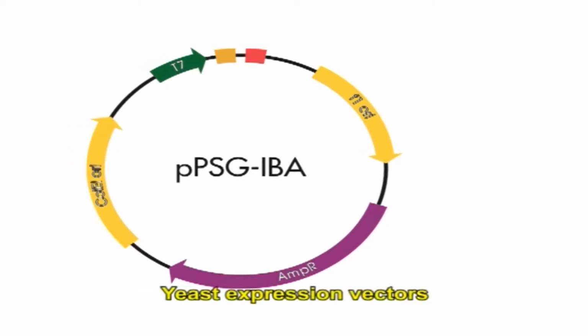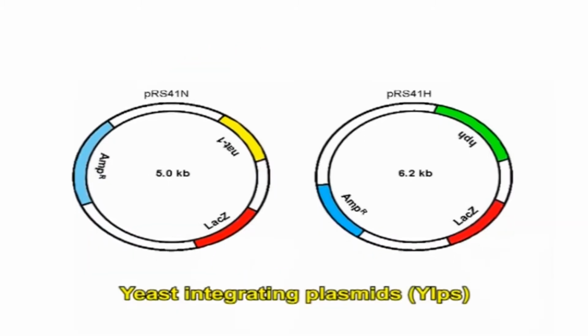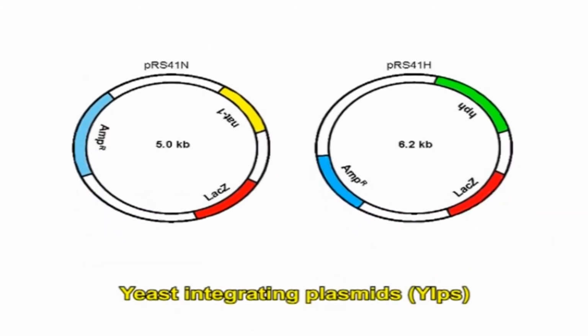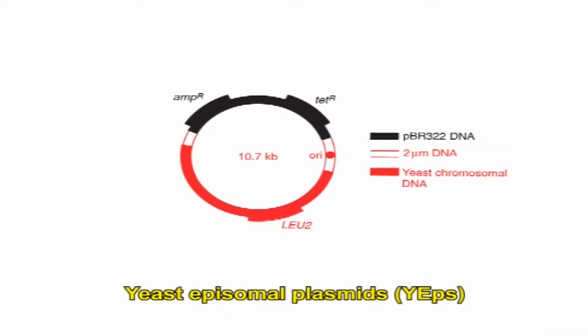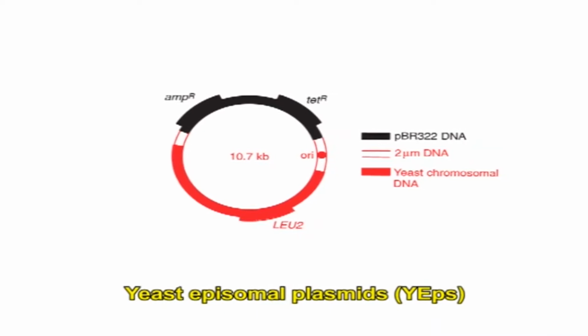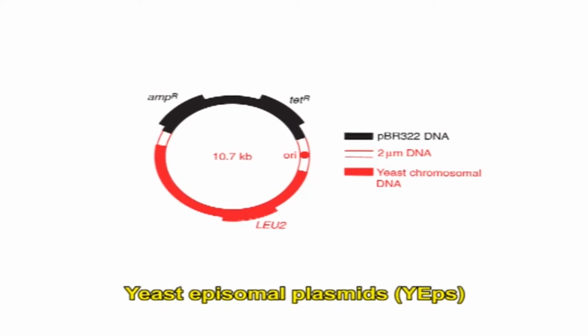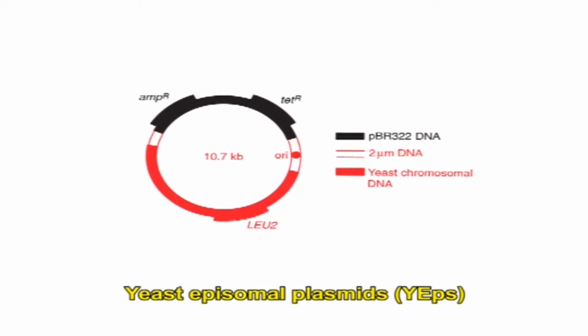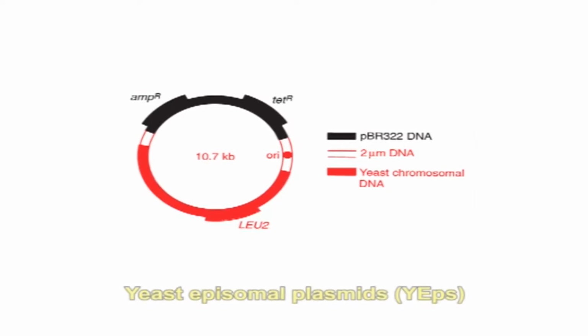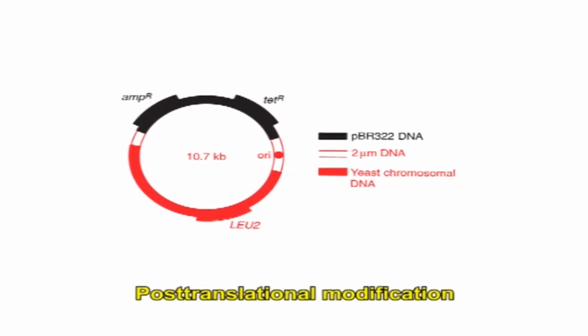The yeast expression vectors such as yeast integrating plasmids, YIPs, and yeast episomal plasmids, YEPs, have an advantage over the bacterial artificial chromosomes, BACs, in that they can be used to express eukaryotic proteins that require post-translational modification.